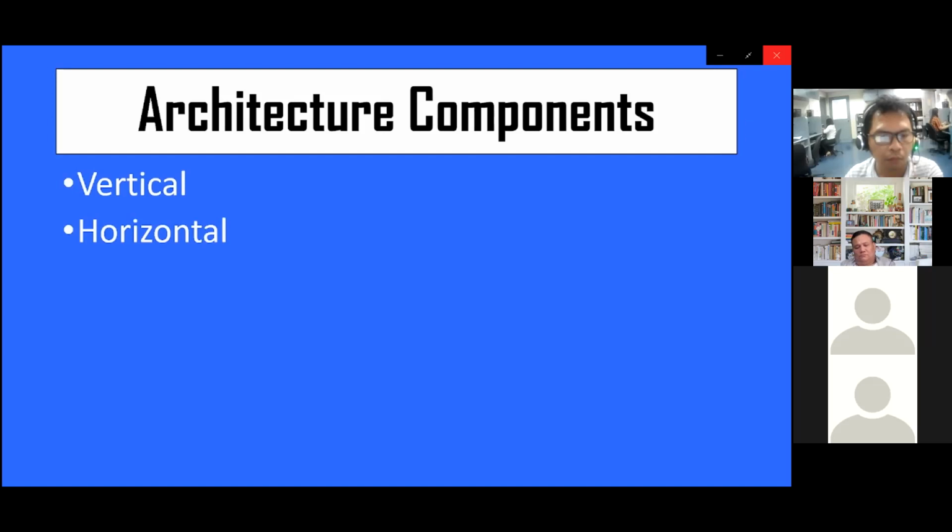All the components under that area are what you call vertical components. On the other hand, horizontal components also pertain to changeable goals, processes, and systems, but they serve different domains or different parts of the company. It's more of the overall. So it serves several domains of the company, or the business.